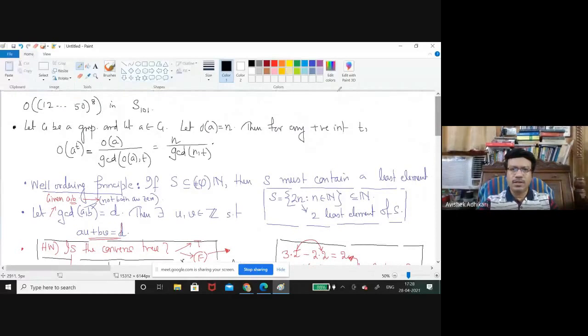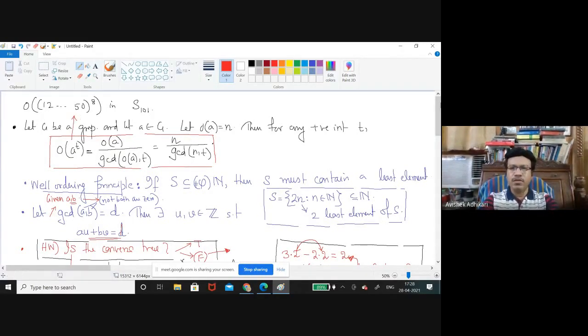So let's come to the actual formula. This is my formula and I want to attack this problem.